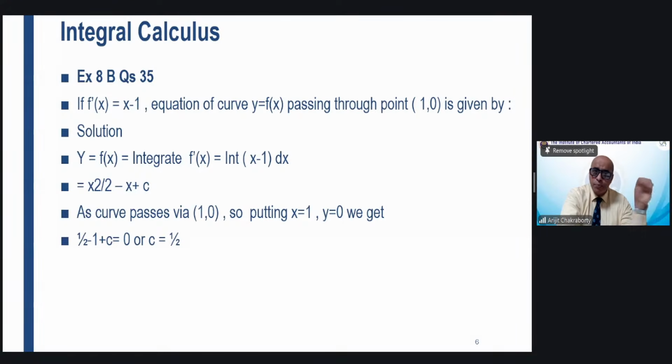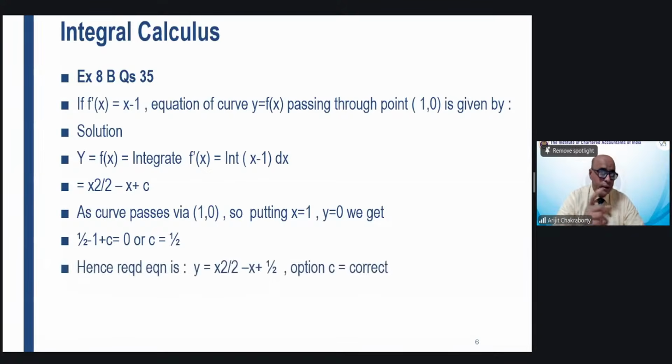Here, if I replace x by 1, what am I getting? I am getting 1 square by 2, that is 1 by 2, minus 1 plus c. This is equal to 0 because y is equal to 0. The curve is passing through x 1, y 0.